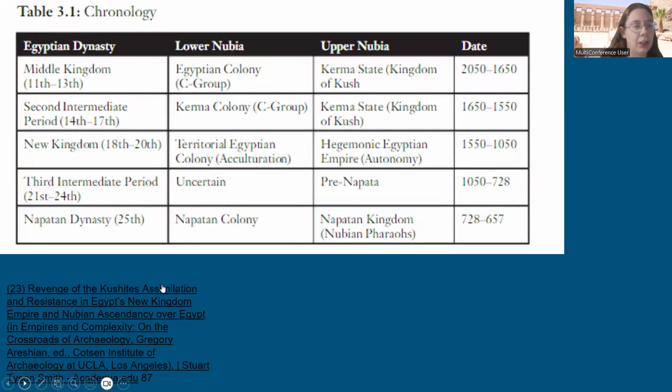So this is from a larger article that again takes the major periods of the Egyptian dynasties, starting from the New Kingdom through the late period, and matches them with the periods of Nubian dynasties and chronology for both lower and upper Nubia.